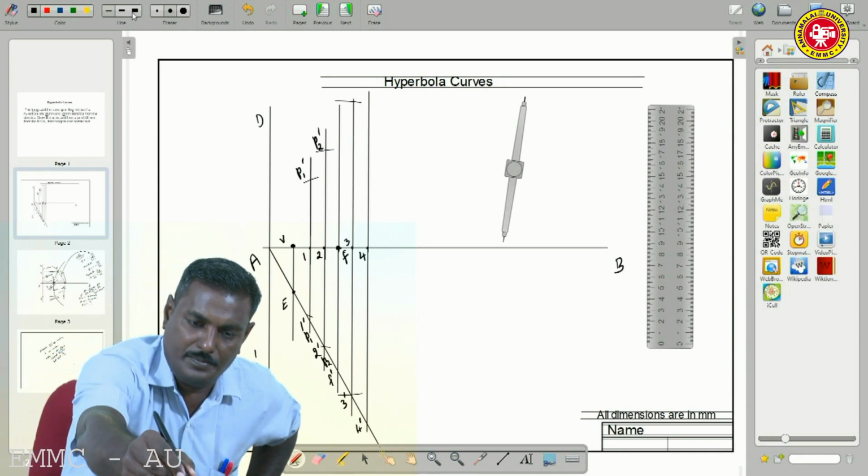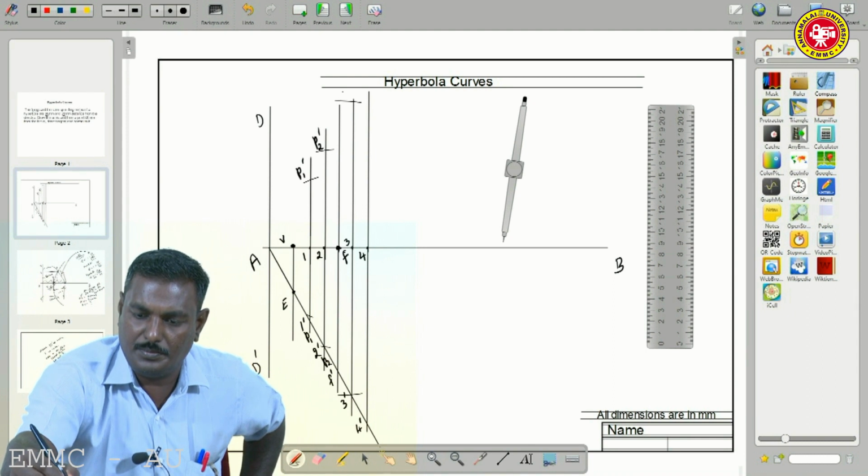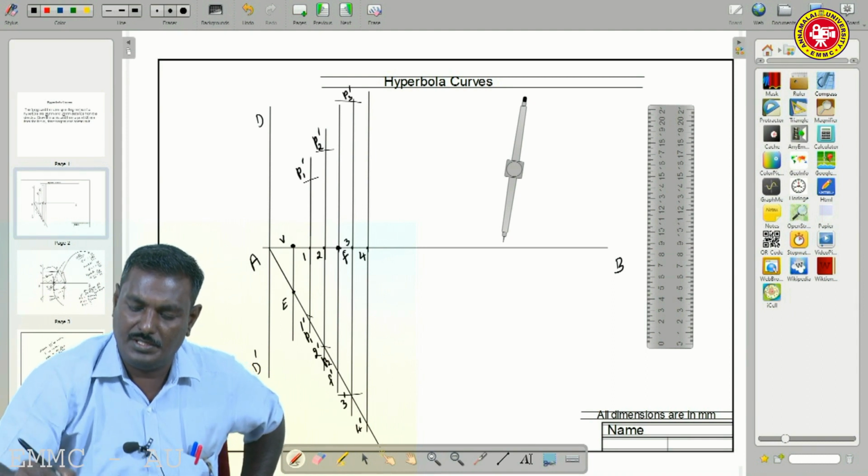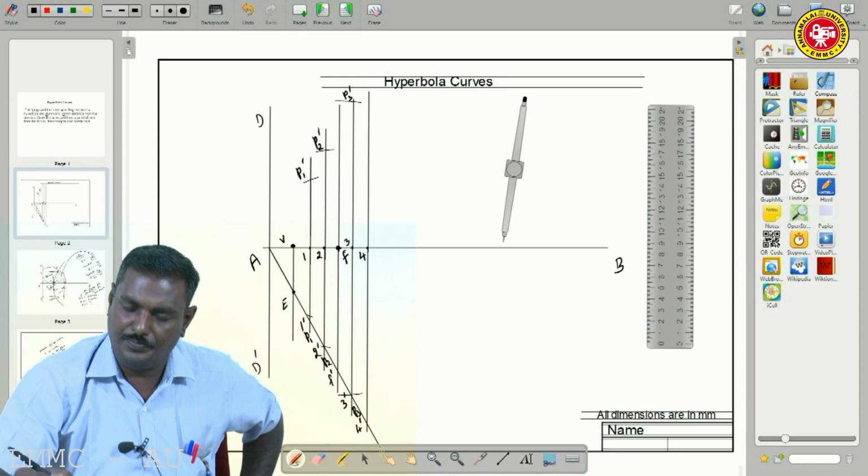Now lettering: this is P3 dash, this is P3.